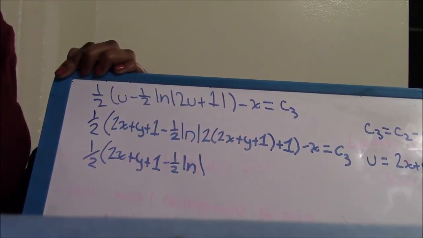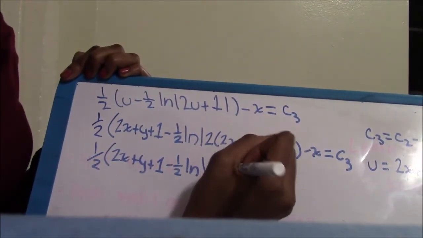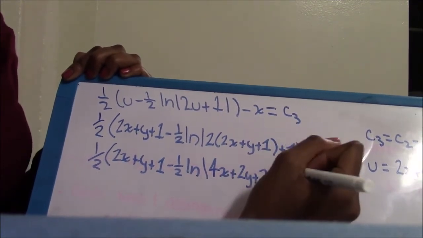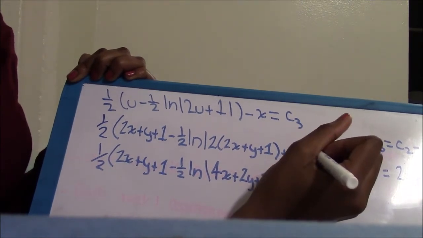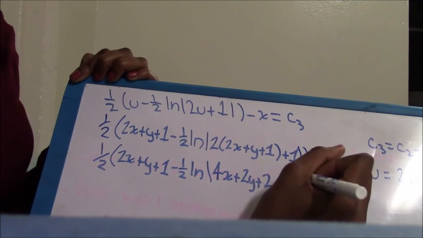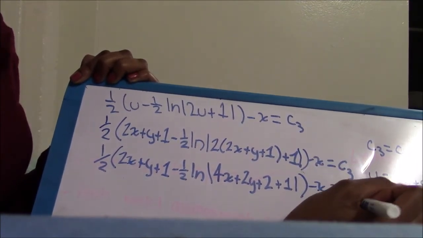Thank you. We're going to distribute that 2. So we're going to go 4x plus 2y plus 2 plus 1, minus x equals C3.